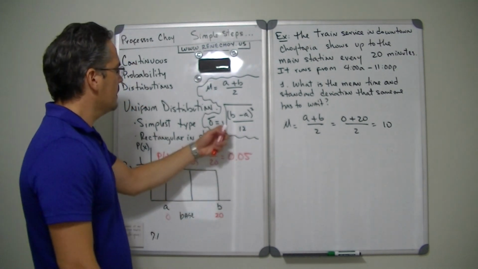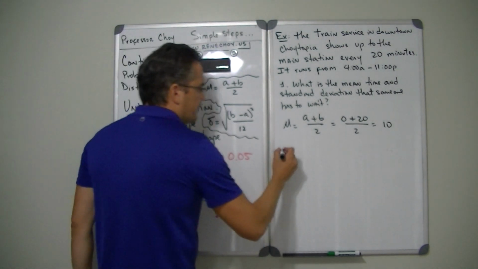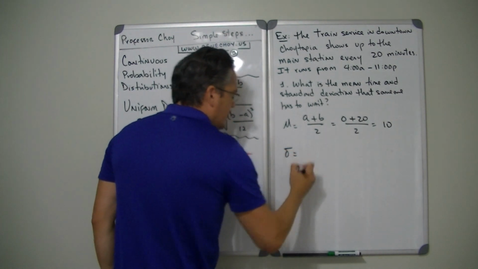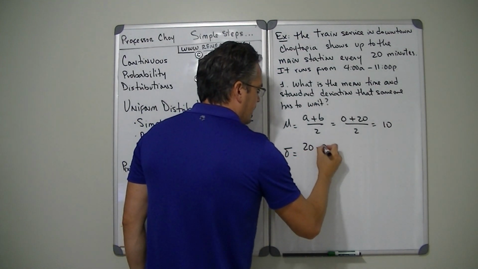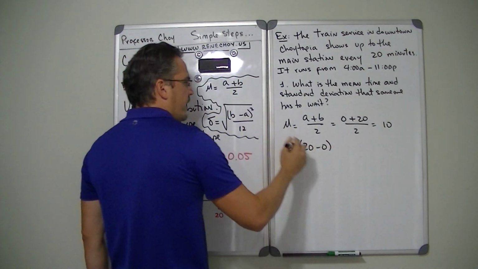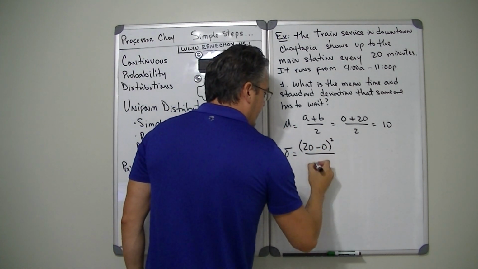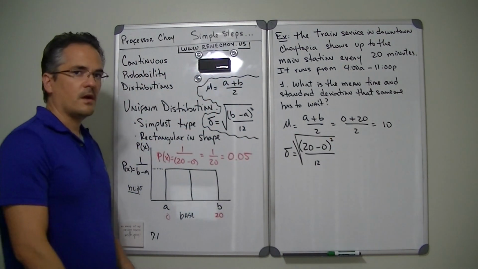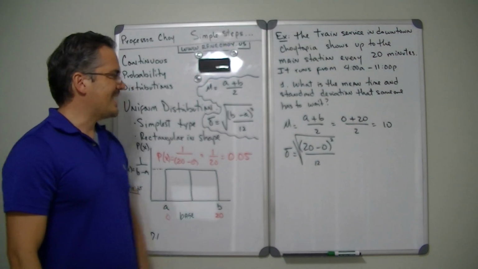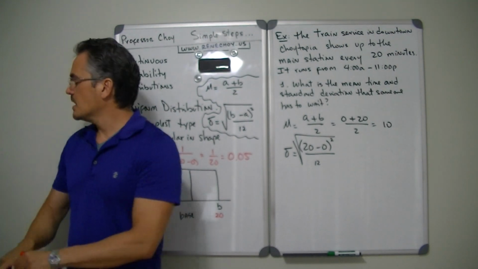All right. Now, what is our standard deviation? So standard deviation is equal to the square root of (B minus A) squared, divided by 12, so 20 minus 0, squared, divided by 12. Alright? And that is our standard deviation. So let me calculate that.